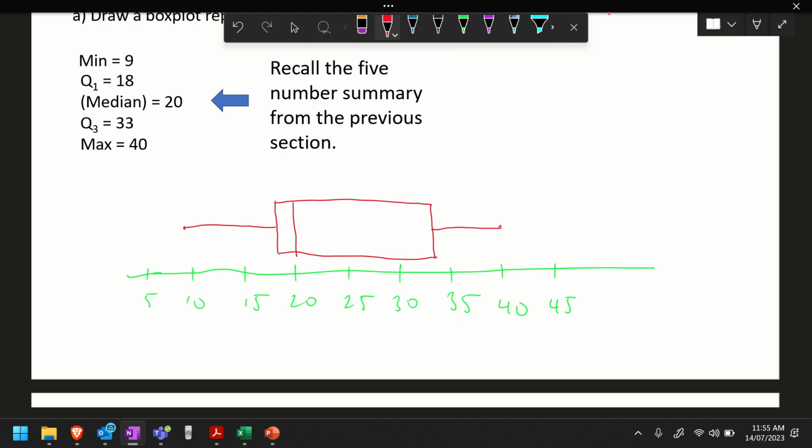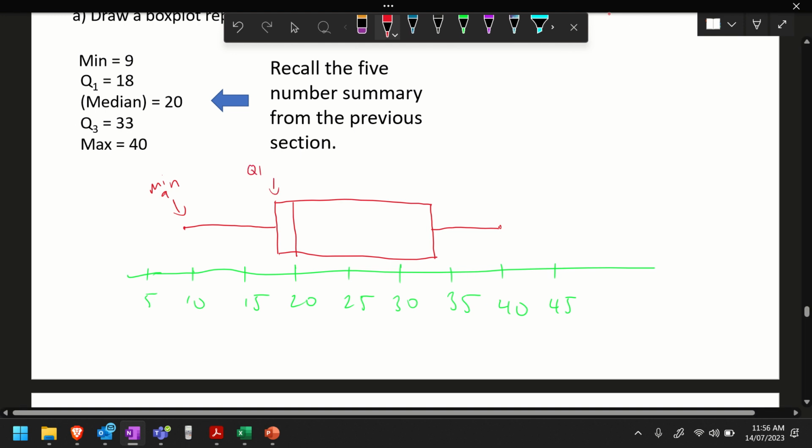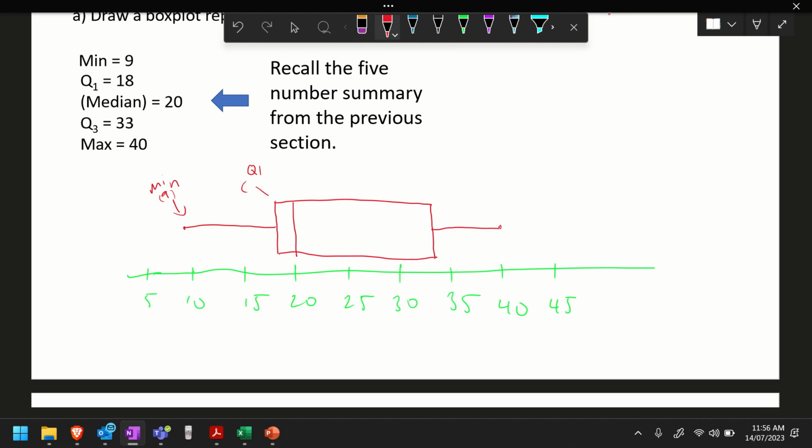Okay, there's your box plot. Now, I like to also label parts of the box plot so that kids are aware of what's what. So right here, I might just go min, and then you can put the value of it, which is 9. Here is the Q1, which in this case I'll put in brackets. The value was 18. You don't have to do this.